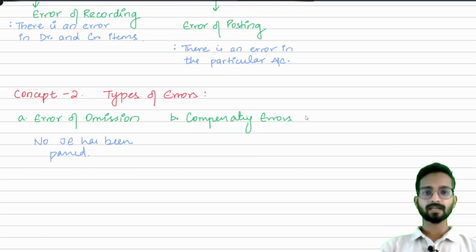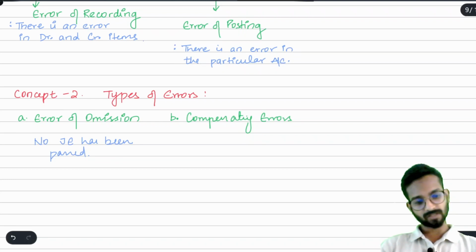See, the word compensating means that actually you had to debit some account, but you didn't debit that particular account and you debited another account. So understand this. One account is debited, one is credited, in a particular journal entry. Now, by mistake, we wrote the different names of the account, but the amounts are same. So remember this, it will compensate your error as the total of the trial balance will match.